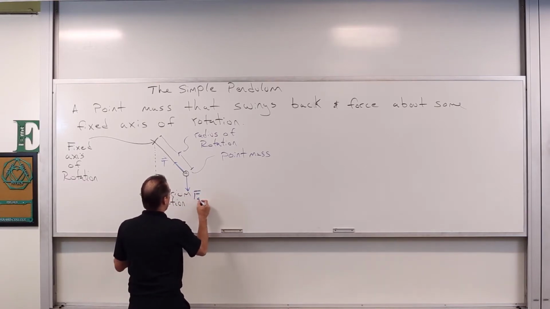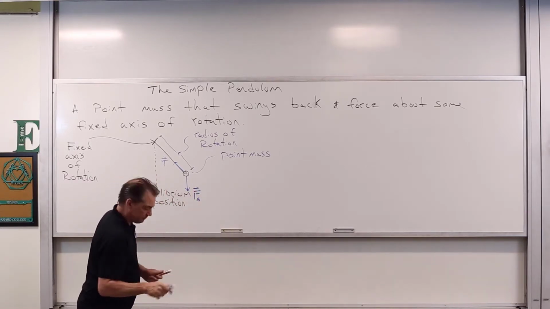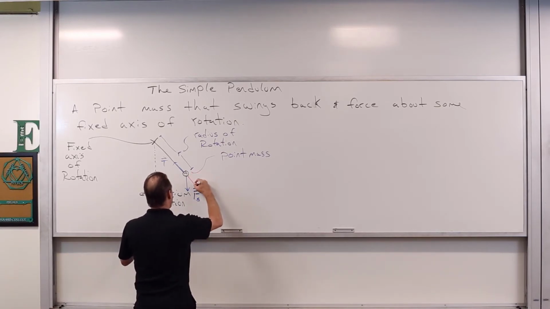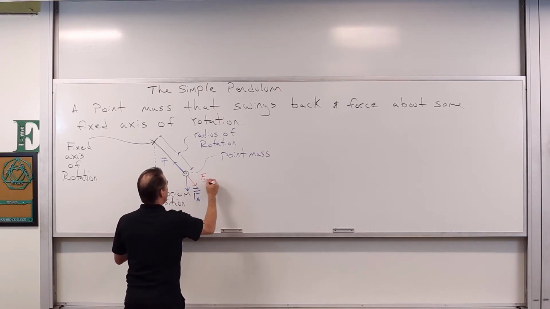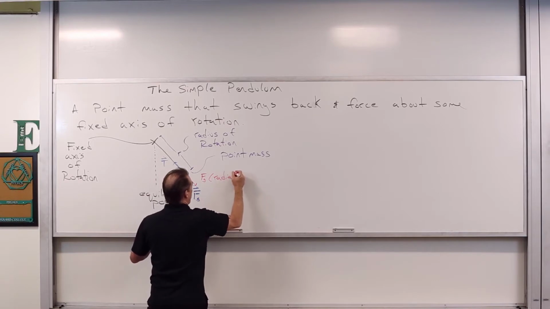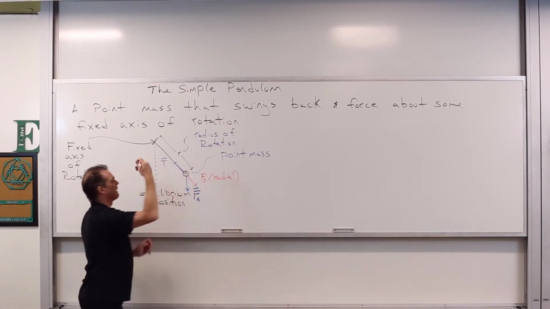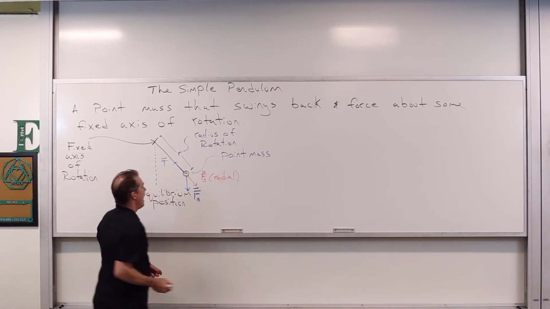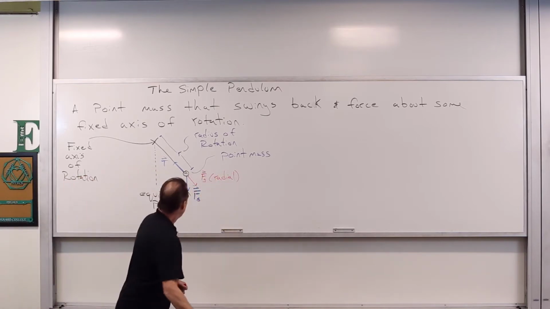We'll call that F sub G hat right there. And then we've got ourselves this F sub G radial, and I could say GR, but I'm just going to say that's the radial component of the gravitational force. And then we've got another component.